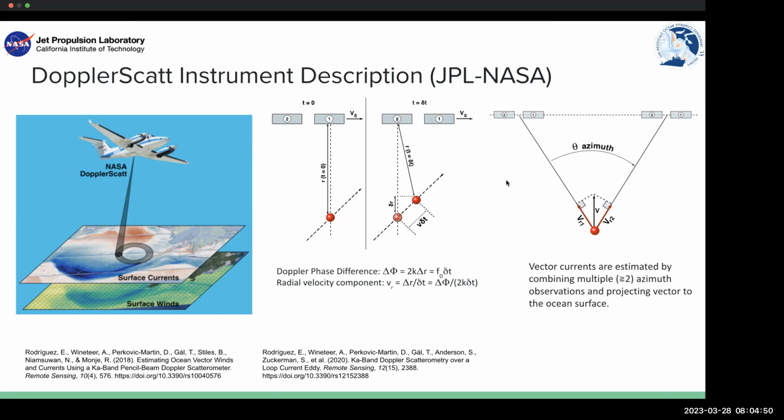And this is a technique or a principle that's used in ADCPs. It's used in HF radar. But the innovative part about this is that it can be deployed from space. It can be scaled to something like Odyssey, and can have a very large swath.